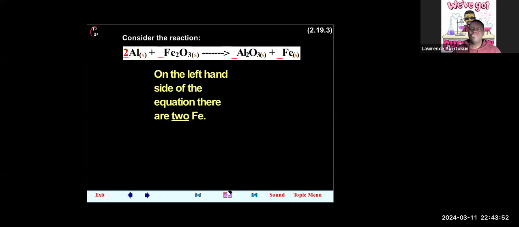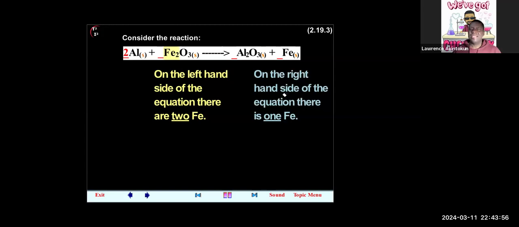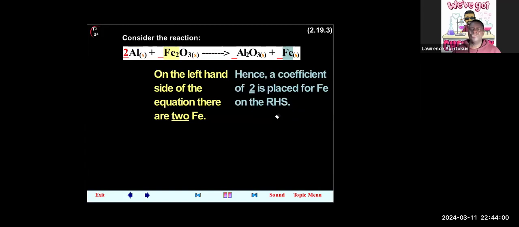On the left-hand side of the equation, there are 2 iron. On the right side of the equation, there is only 1 iron, Fe. So what do you do? The coefficient of 2 is placed in front of Fe on the right-hand side.